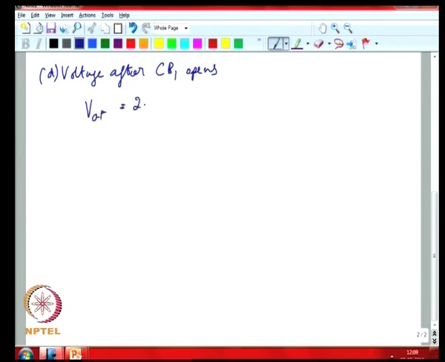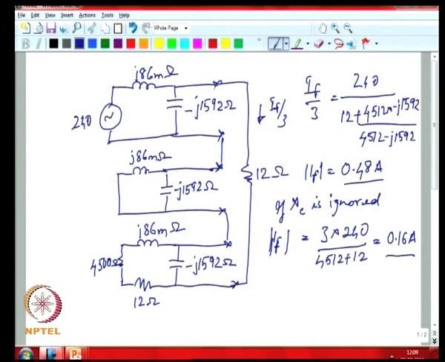If you look at the sequence network that we previously had, you could then look at what would be the voltage across each of your sequence network points.